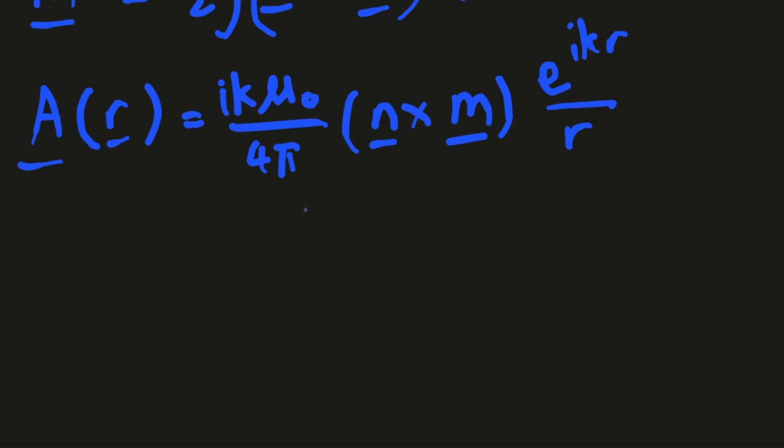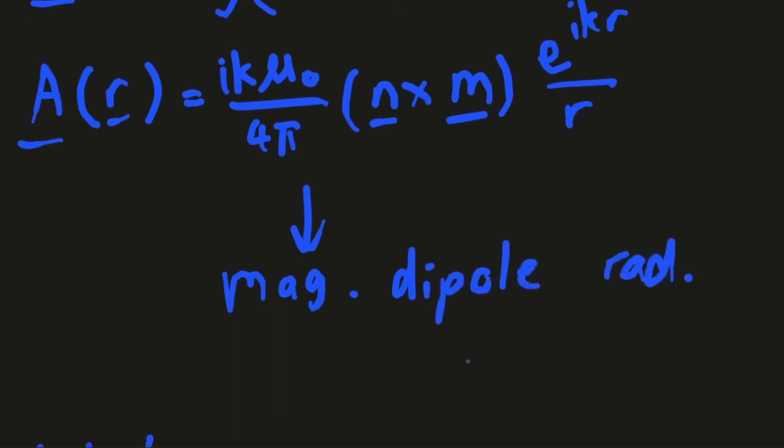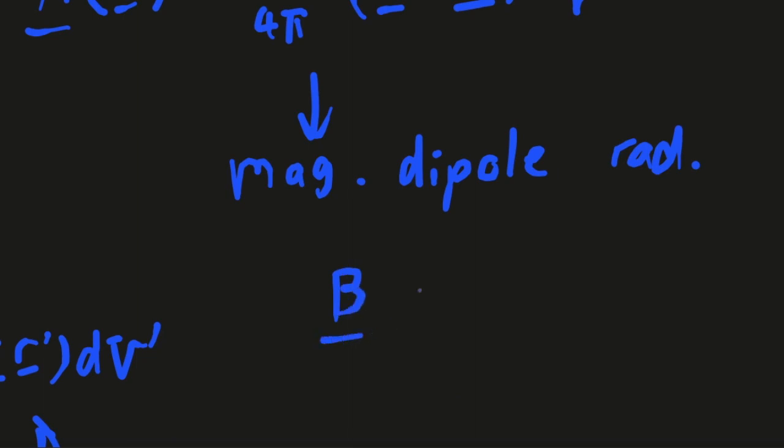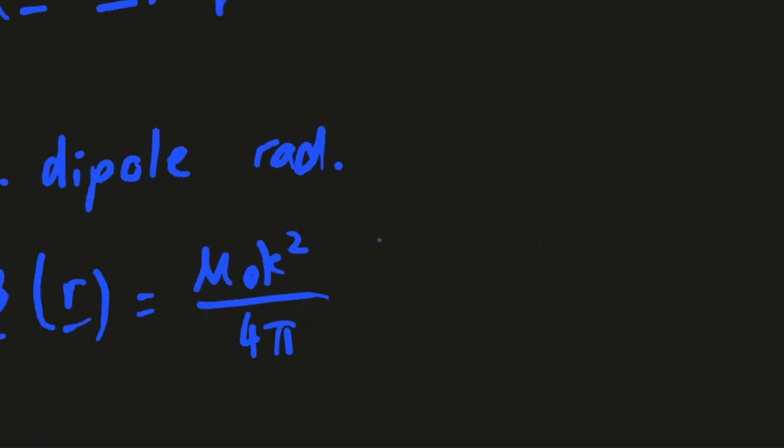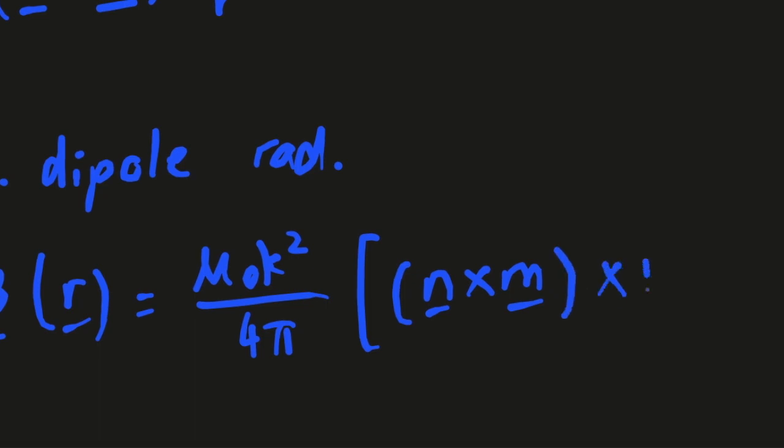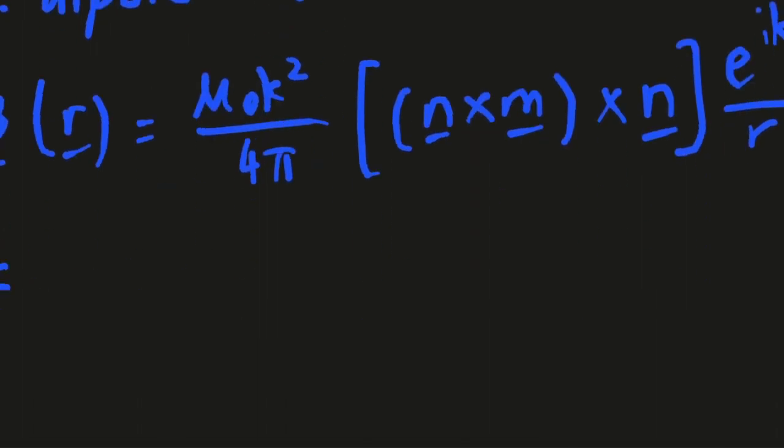So this is magnetic dipole radiation. And if you do, again, everything before, your magnetic field is of the form. Oh, this is really annoying. Just lots of results. The electric field is of the form.